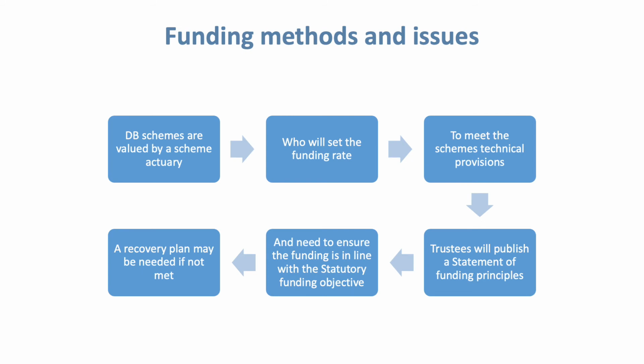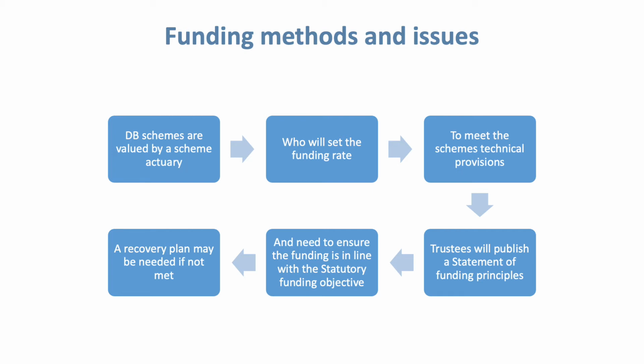So we now know that DB schemes are valued by a scheme actuary. They will essentially set that funding rate. The funding rate is set to meet the technical provisions of the pension fund. The trustees of the pension fund are going to have the fund valued.